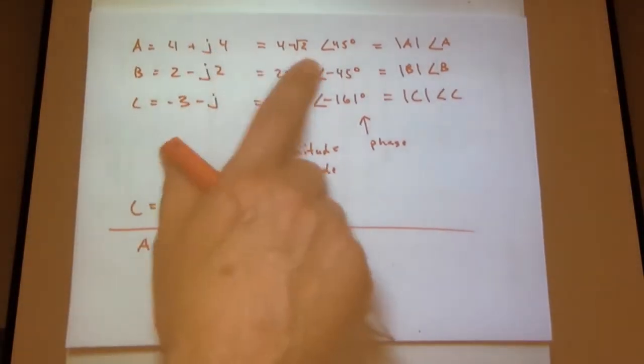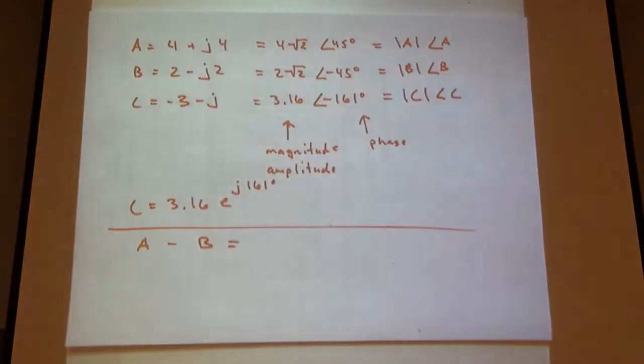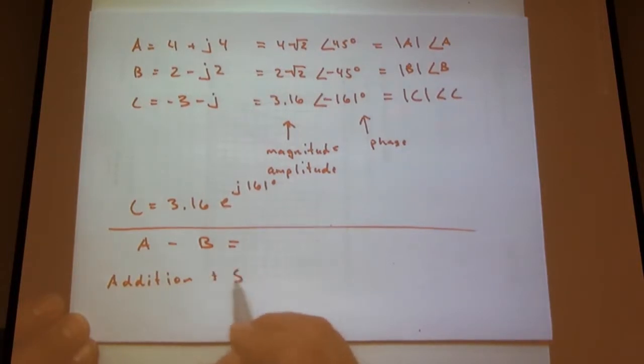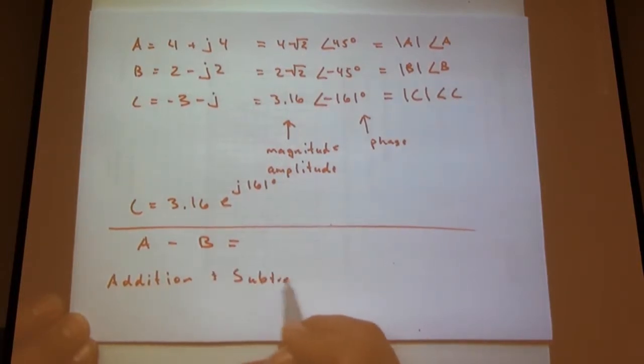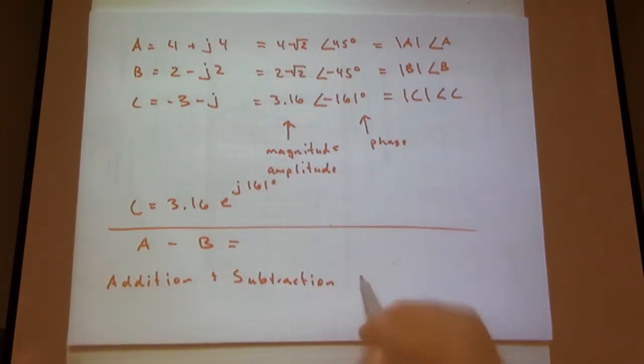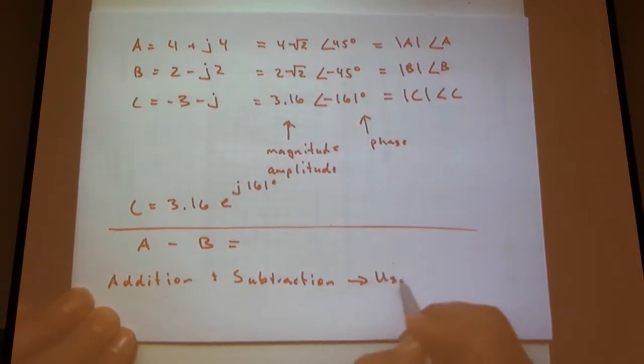Well, which of these two forms can I use to do addition and subtraction? Or which can I use easily, I should say. We want to use the rectangular form.